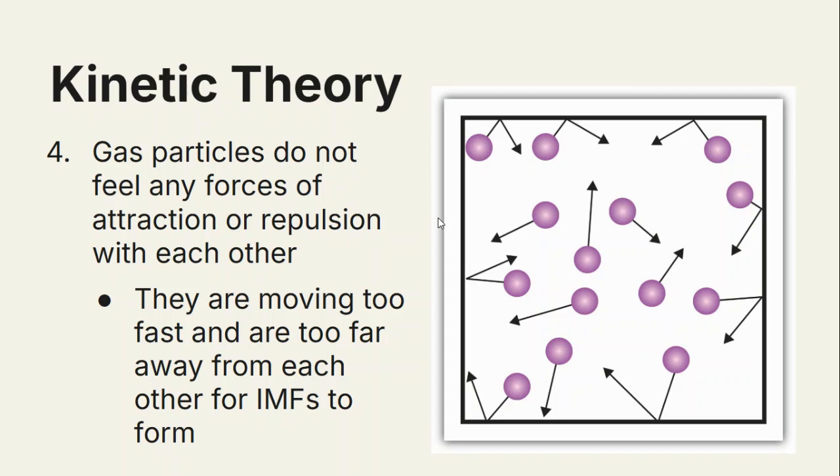When you get into AP Chem, we can talk about the relationship between IMFs and gases and how it changes a gas from being something called ideal to real, but for now, I'm just front loading you with the basics of gases. So for now, IMFs do not form between gases.